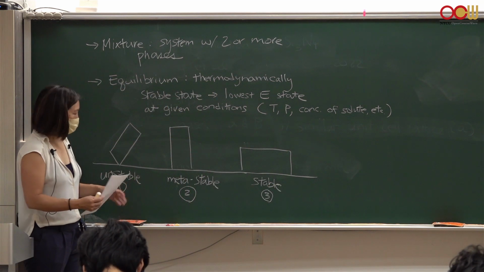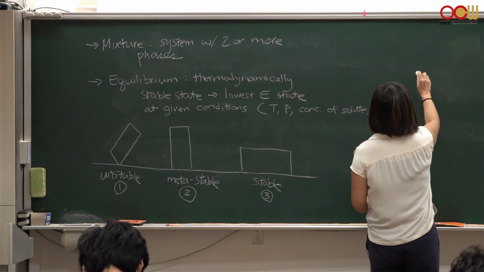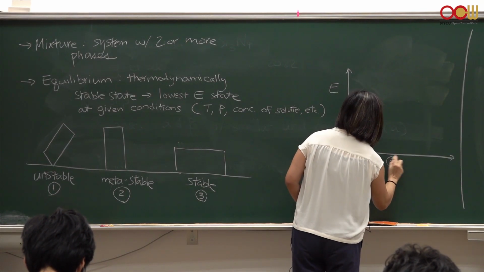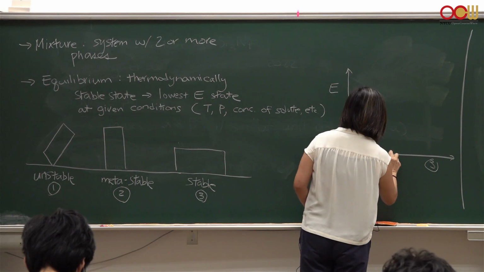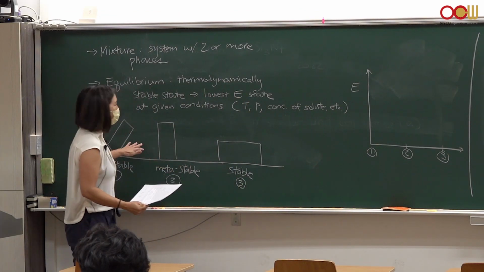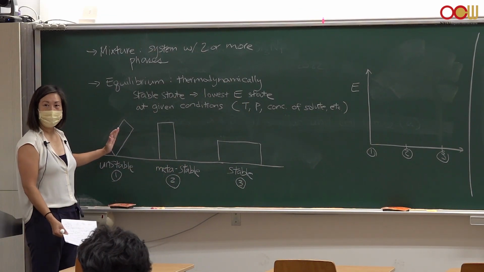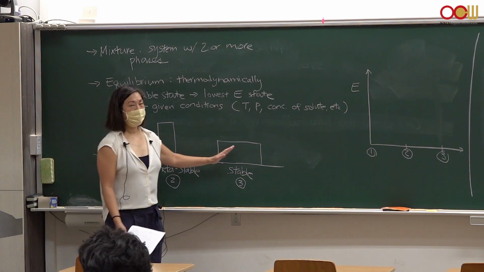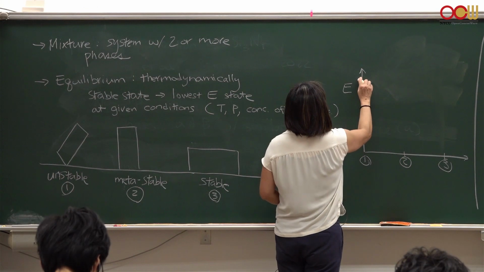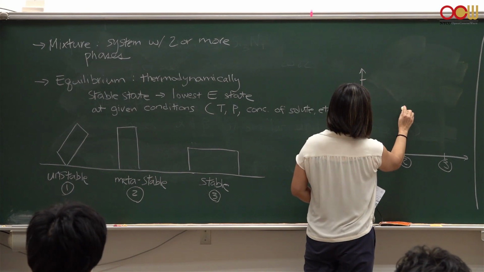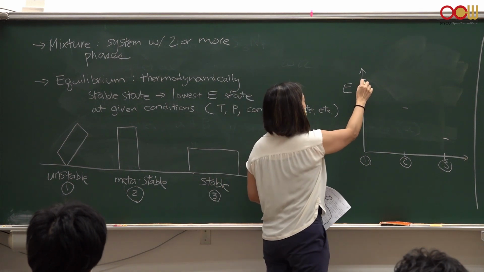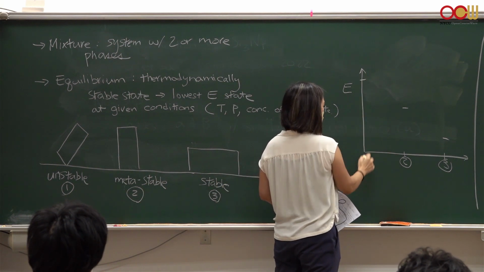Condition number 3. So if we were to look at the energy, let's say this is state 1, 2, 3, something like that. The system is at its highest energy state here. It's unstable. It's at a lower energy state here, and it's at its lowest energy state here. There's no energy barrier between 1 and 2.